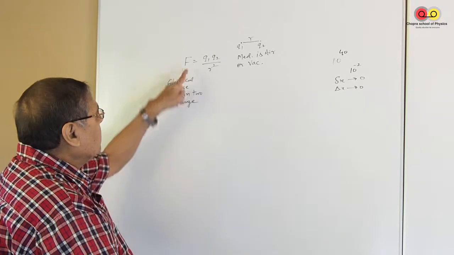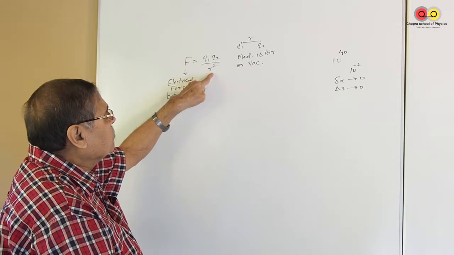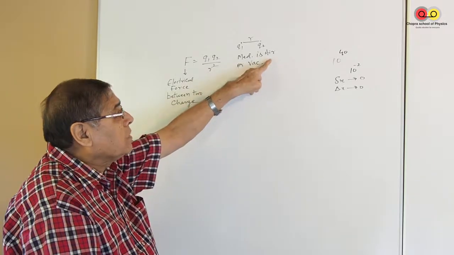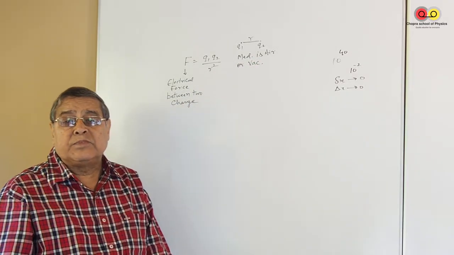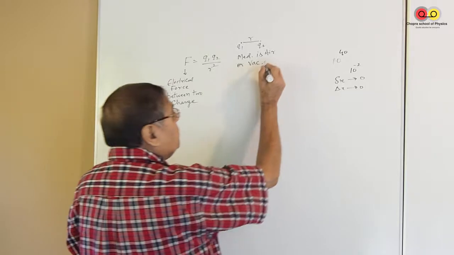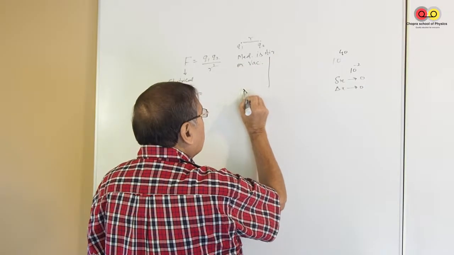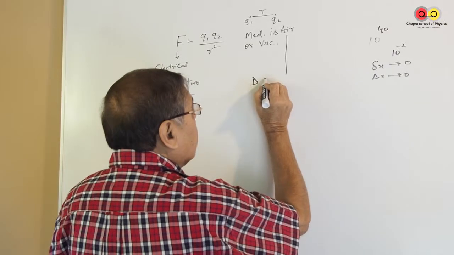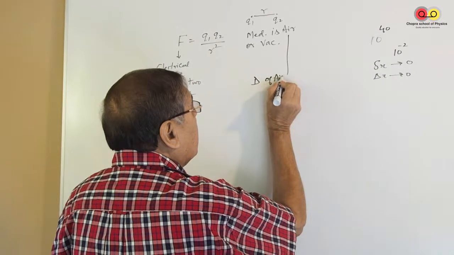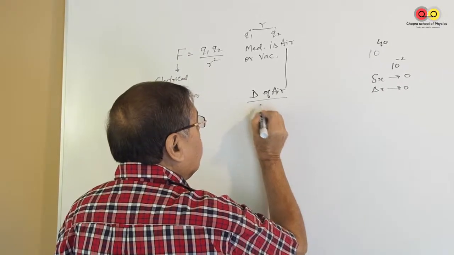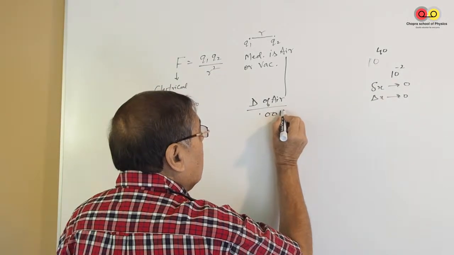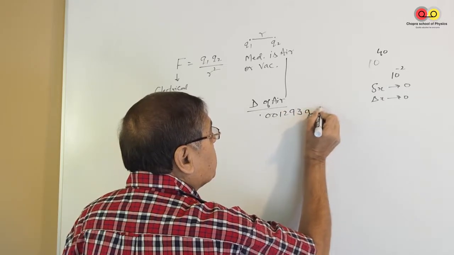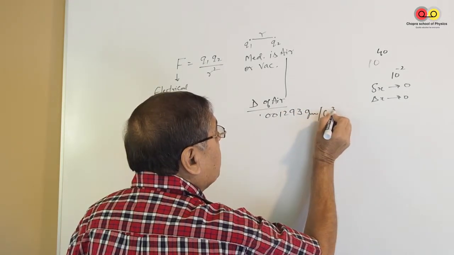So here F is Q1, Q2 by R square. The medium is air or vacuum because the density of air is very small. The density of air, D stands for density, is 0.001293 grams per centimeter cube.